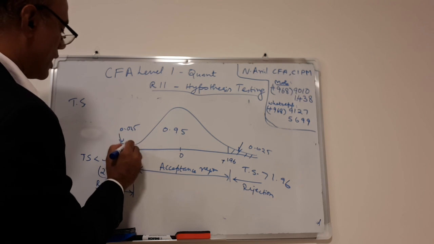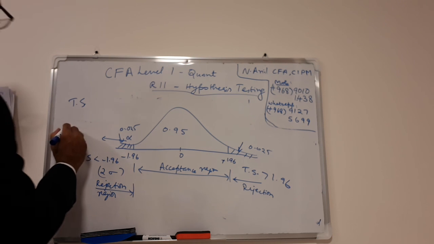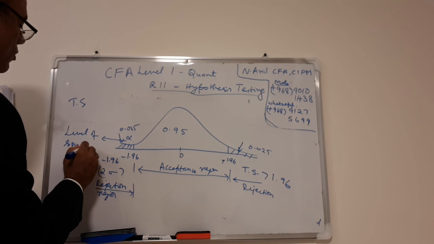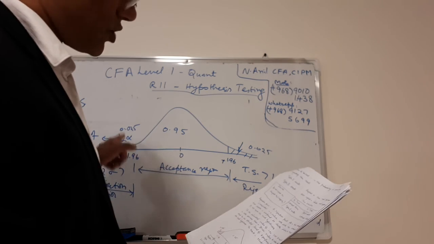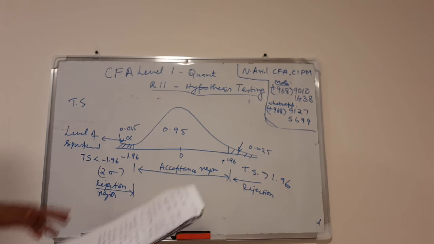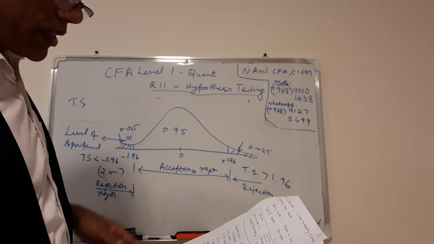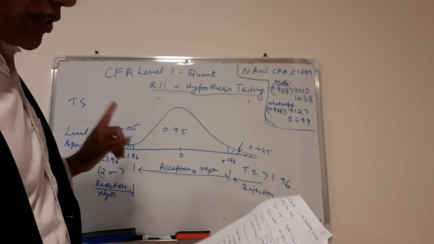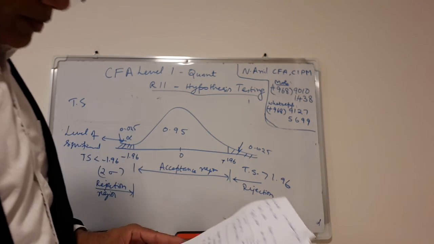This is called alpha, the level of significance. If the calculated value of the test statistic is more extreme, on the positive side or negative side, than a given value or values determined by the specific level of significance, so if it is 5%, this is a two-tailed test, so 2.5% plus 2.5%, we reject the null hypothesis. The result is statistically significant. Okay, thank you.